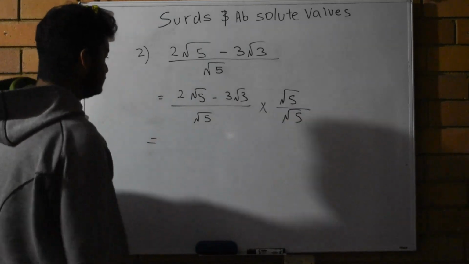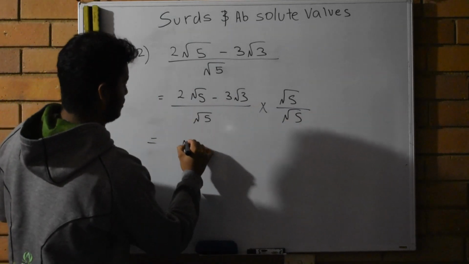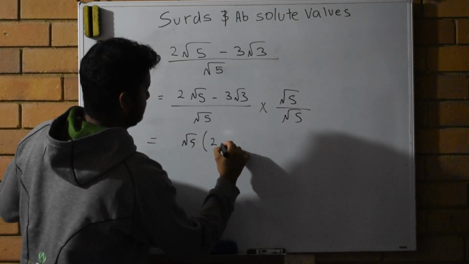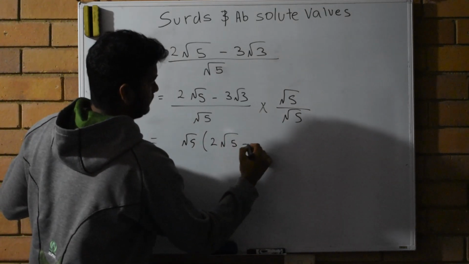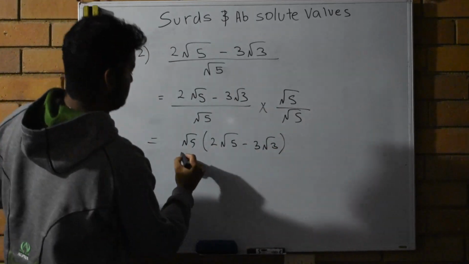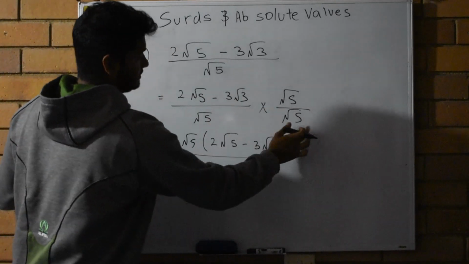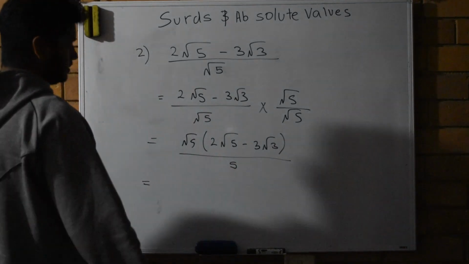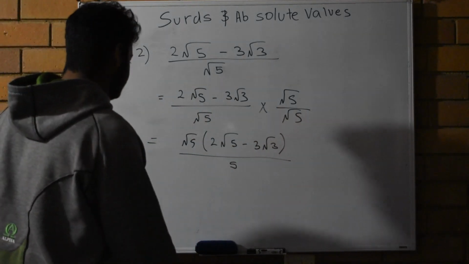So now square root 5 times the bracket, 2 root 5 minus 3 root 3, like that, and then root 5 times root 5 is my 5. So that's good now. We got rid of the square roots in the denominator.